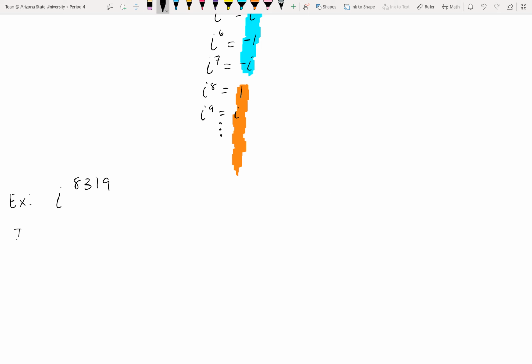So here's the idea. The powers of i repeat every 4. That's what we saw in the pattern, yes? So in all of those 8,319 exponents, I know every 4 exponents is a duplicate.